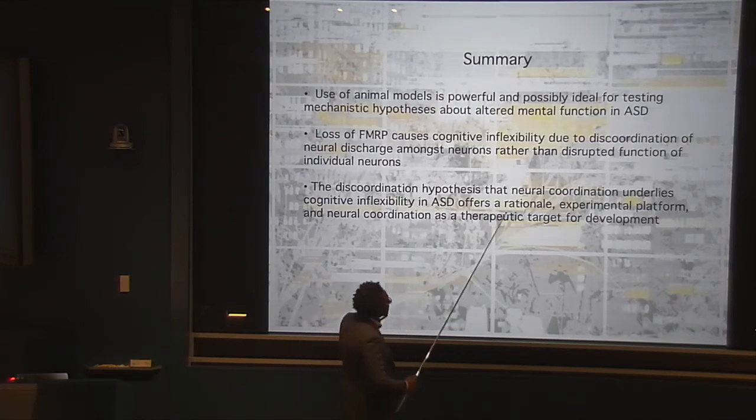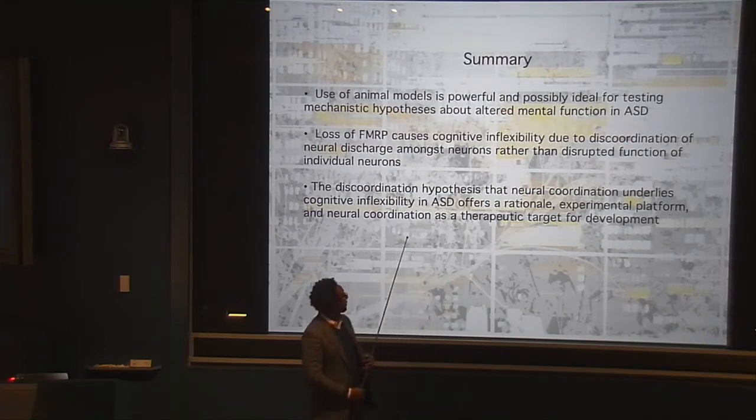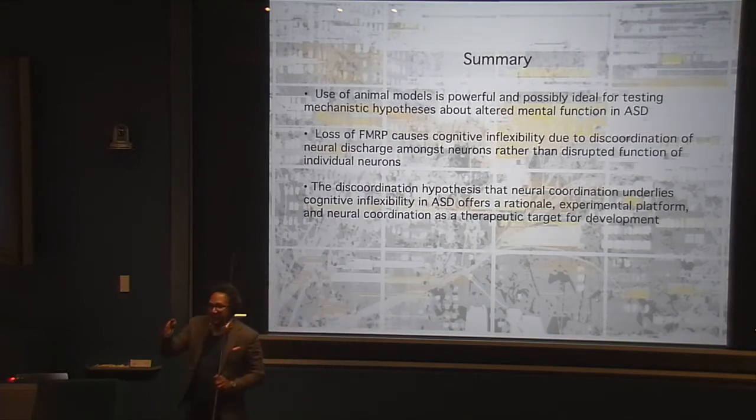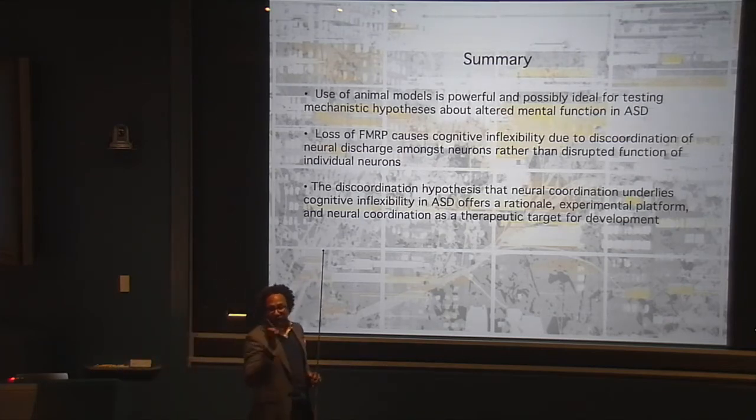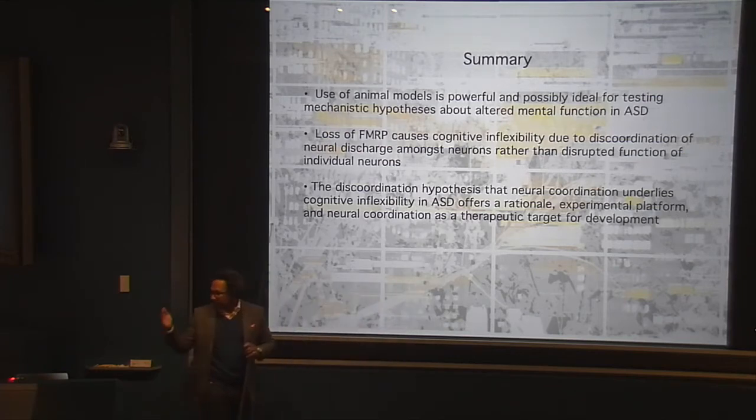It offers, because we can think about it, an experimental platform. I've shown you the kinds of experiments that we can do. And in fact, what's interesting is that it identifies these coordinating properties as something that we can target and try to influence. We can stimulate the brain, and we can use various kinds of modulators to manipulate that ability of cells to fire together and not fire together.